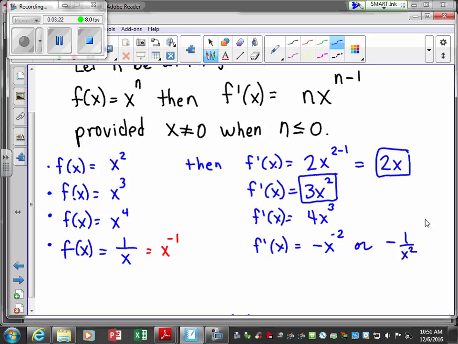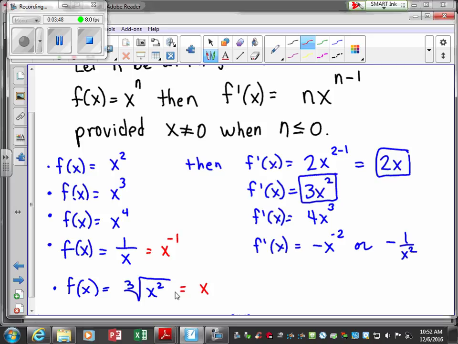Okay, let's do one more just so you can see this in a couple of different takes. So if I have the cube root of x squared. Now the trick with this is to fit our power rule up here, we need it to be in this format. So how can I rewrite this? That would be x to the what power?